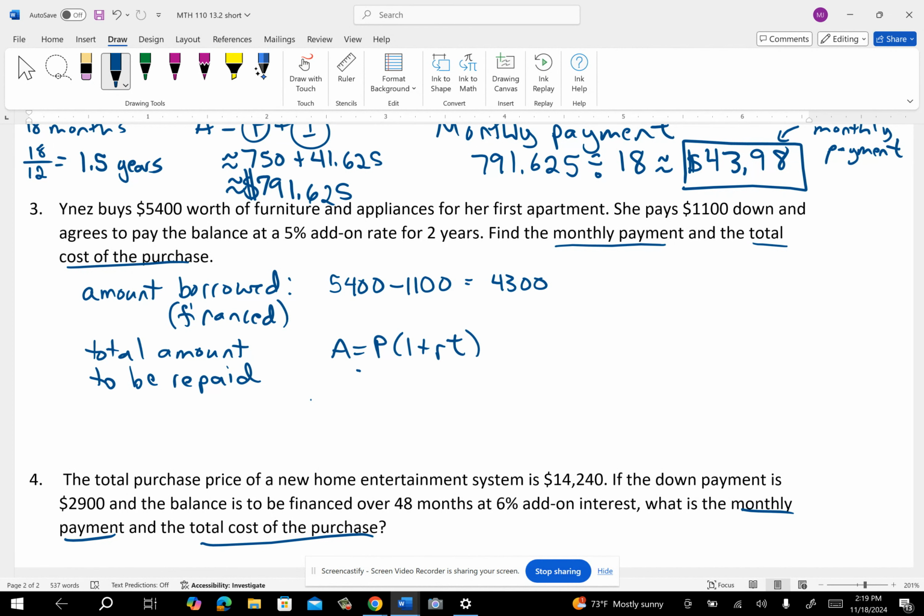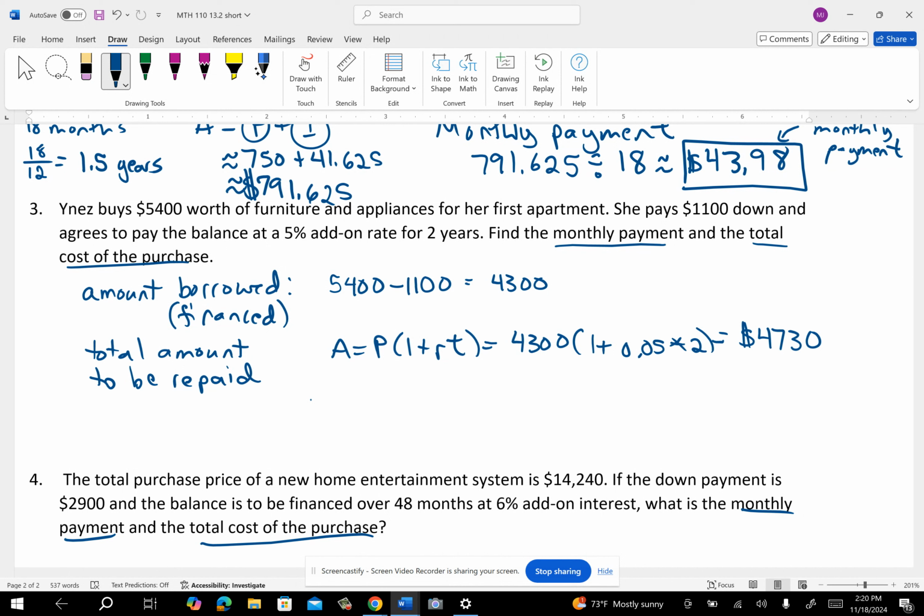The principal is the amount she's borrowing, the amount of her loan. The interest rate was 5%, and she's borrowing it for 2 years. We work that out, and we get $4,730 is the amount she would have to repay.